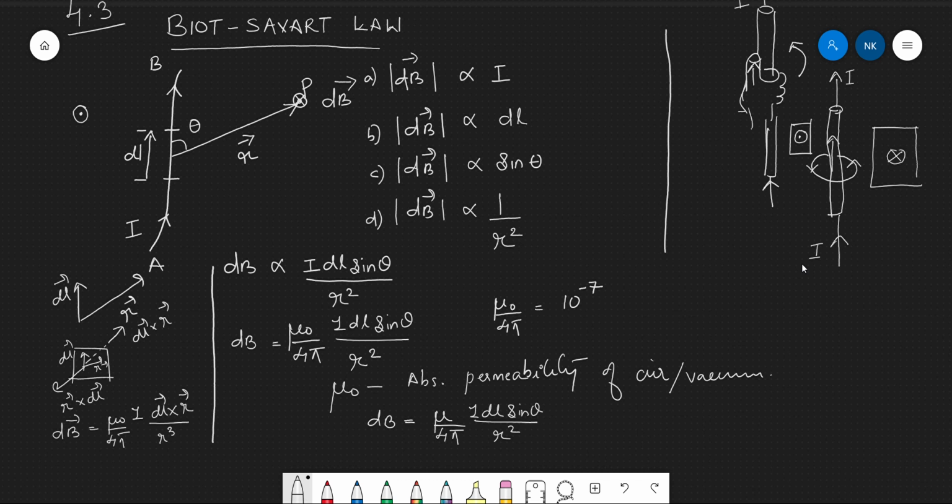Why this r cube here? In this case there is no r component, but just to have the direction we have this dl cross r. So the magnitude will change, and to compensate for the change in magnitude we have r cube here. So that was the Biot-Savart law, topic number 4.3.